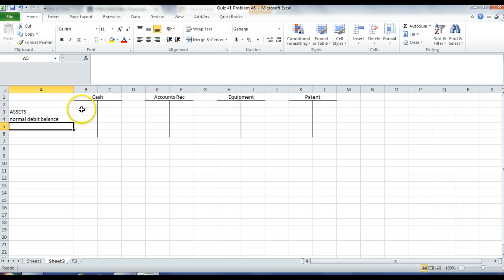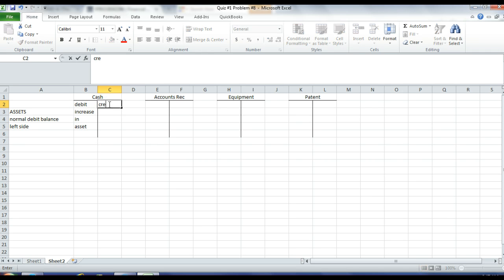All that means is the left side of the equation is the normal balance. And so when we increase our cash, or we increase accounts receivable or equipment or patents, any assets, we're going to debit that for an increase in an asset.